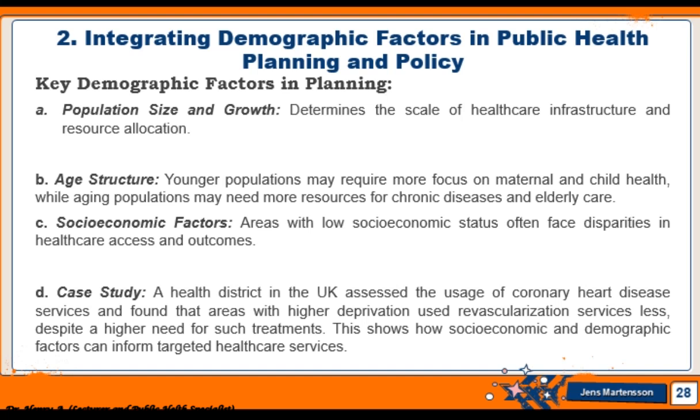Number two, we have also the age structure. Those are the key demographic factors. Age structure. The age distribution of the population provides critical information on which healthcare services are most needed.